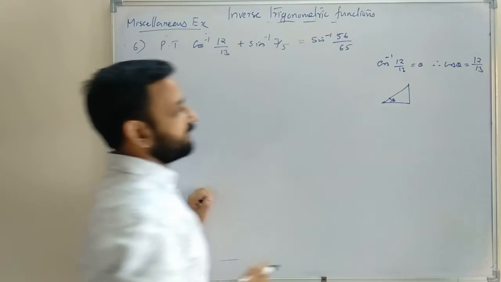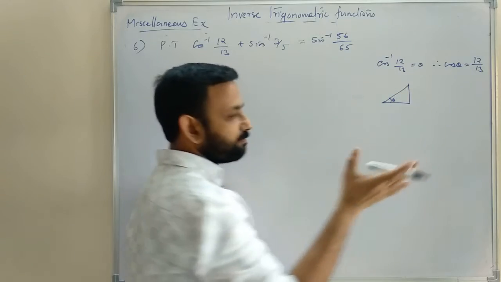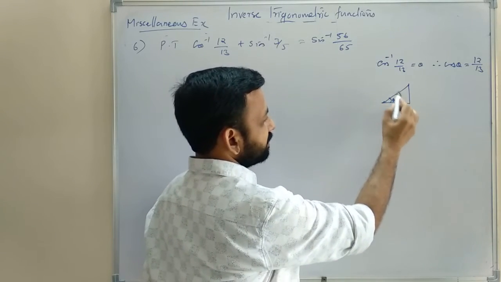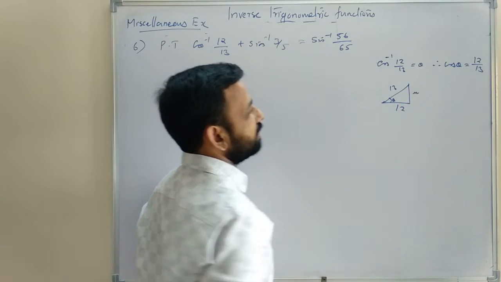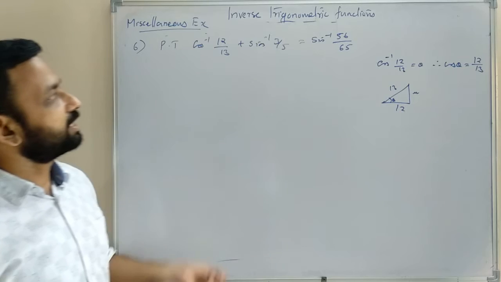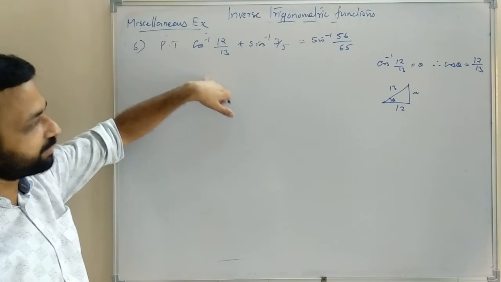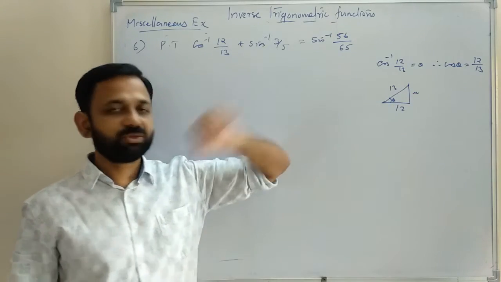Cos theta is base upon hypotenuse, 12 here, then 13 here. When we apply Pythagoras theorem, we will get the perpendicular. Then we can convert cos inverse 12 by 13 in terms of tan inverse: tan inverse of that number divided by 12.